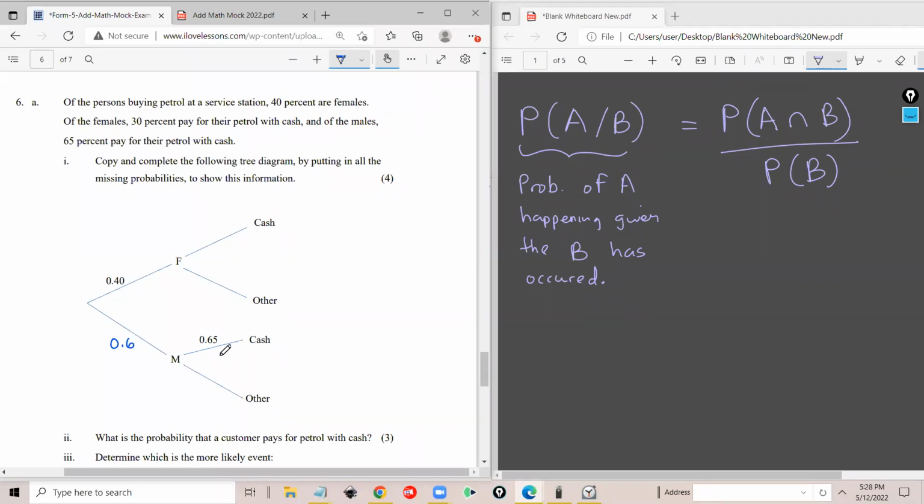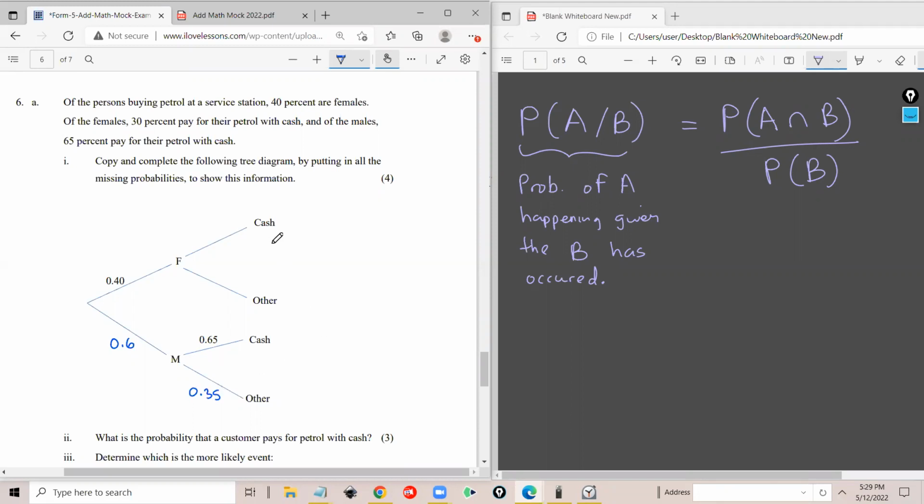right? And for the male, if you are male and paying with cash, the probability is 0.65. So the balance of the 1 is the other. So it's 1 minus 0.65, so over here would be 0.35.